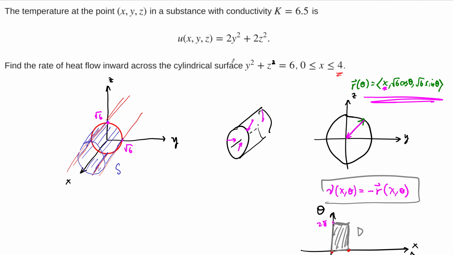But here we need to talk a little bit about heat and the theory of heat conduction. We're not going to get too much into it. I'm just going to give you some formulas. This formula right here represents the temperature of the surroundings of this cylinder. And the conductivity is a constant that depends on the material that we're working in.